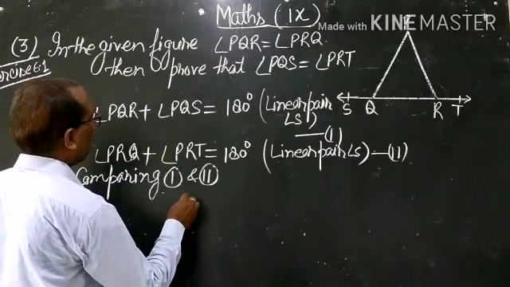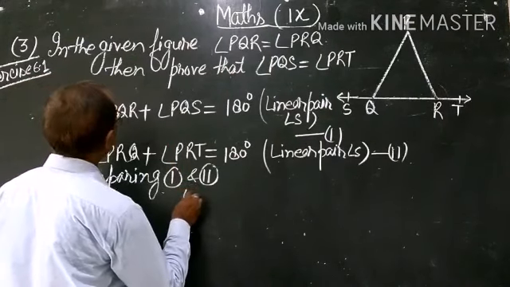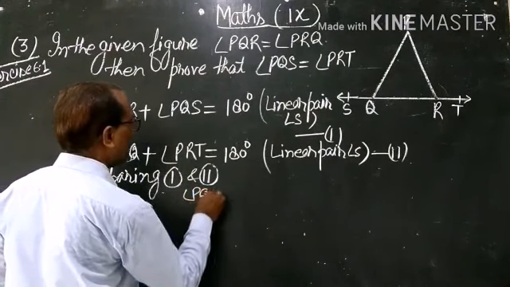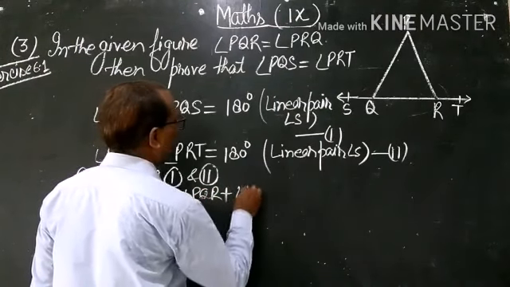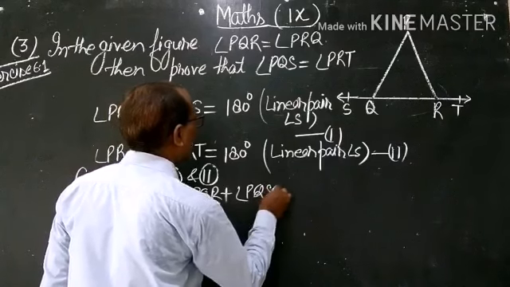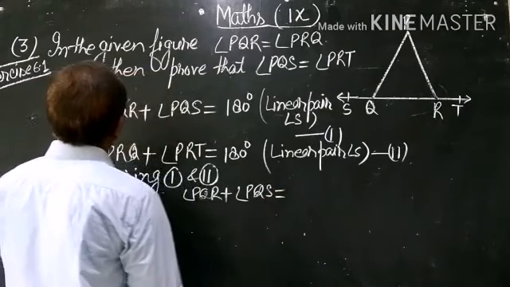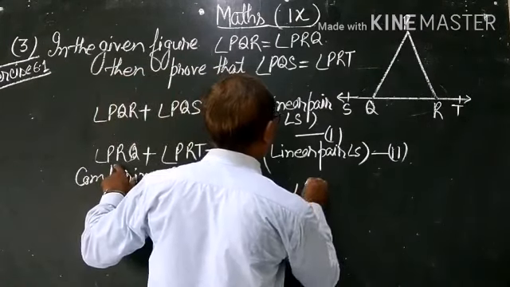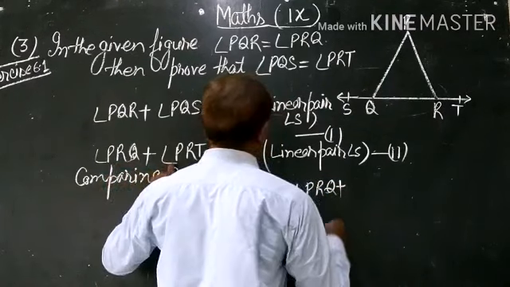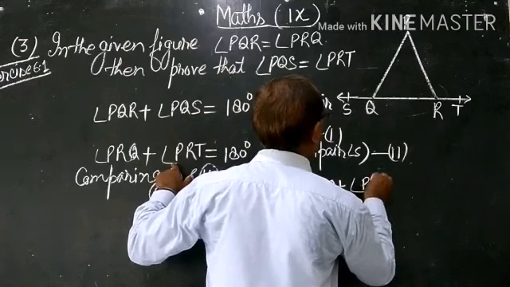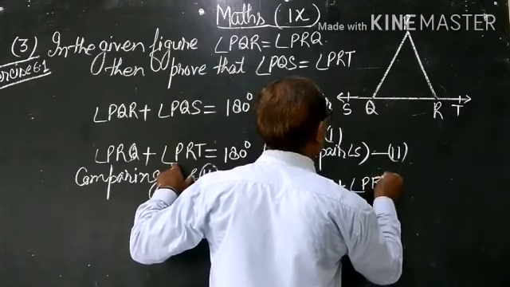You write here angle PQR plus angle PQS is equal to angle PRQ plus angle PRT.